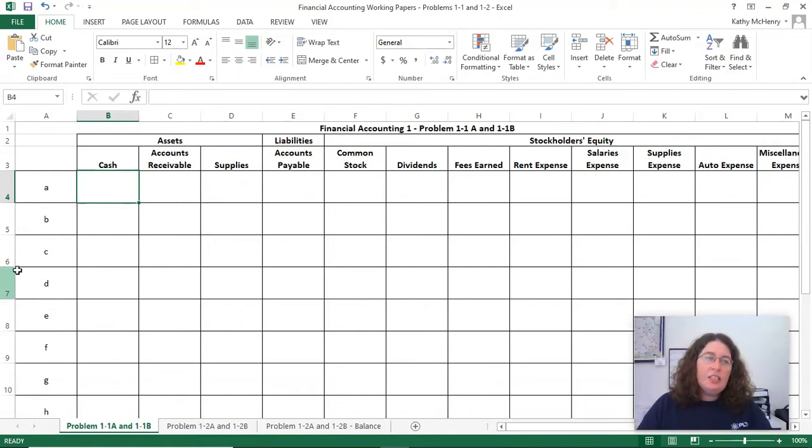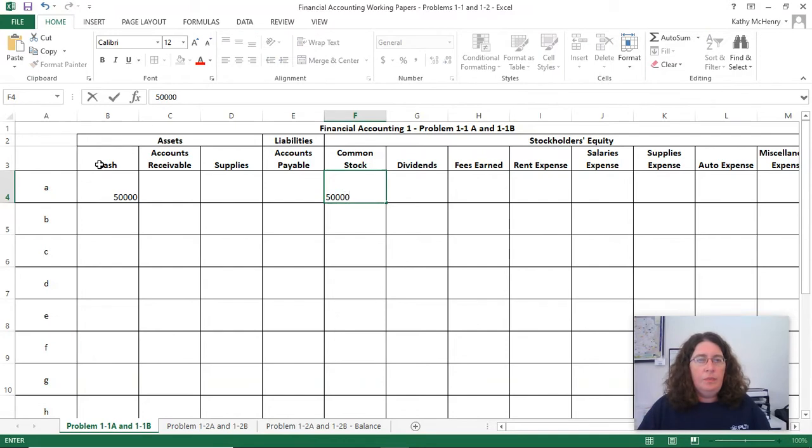Okay. So we had a deposit of $50,000 cash. So we received $50,000 cash. And we issued common stock. So right now our assets are still equaling our liabilities and stockholders' equity.